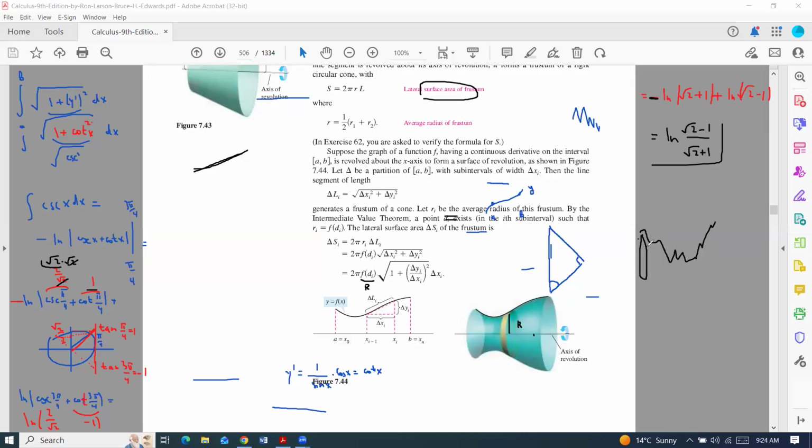So that's the power of integration. It's kind of hard to see, but I hope that's the surface of revolution. The point is that the curve could be just about anything as long as it is smooth, so we can find its derivative on that particular interval from a to b.